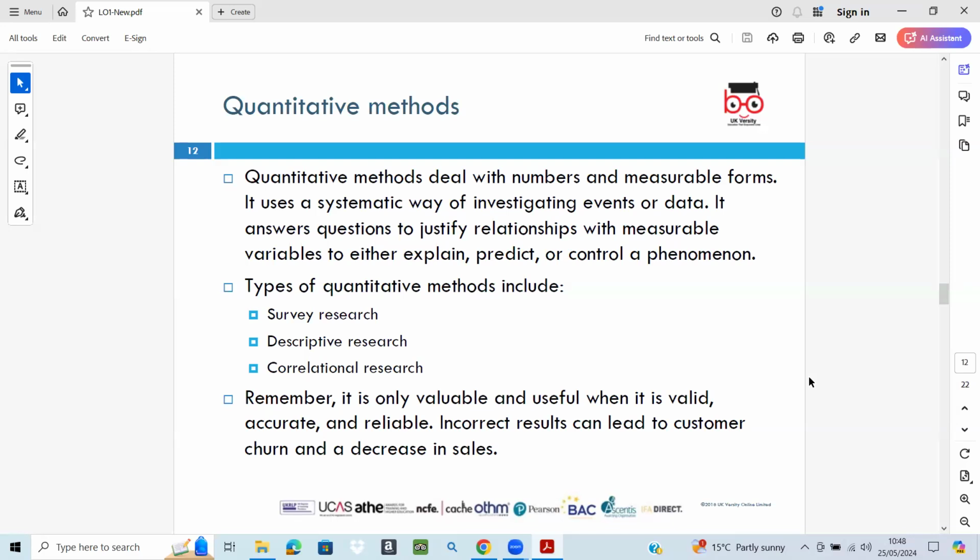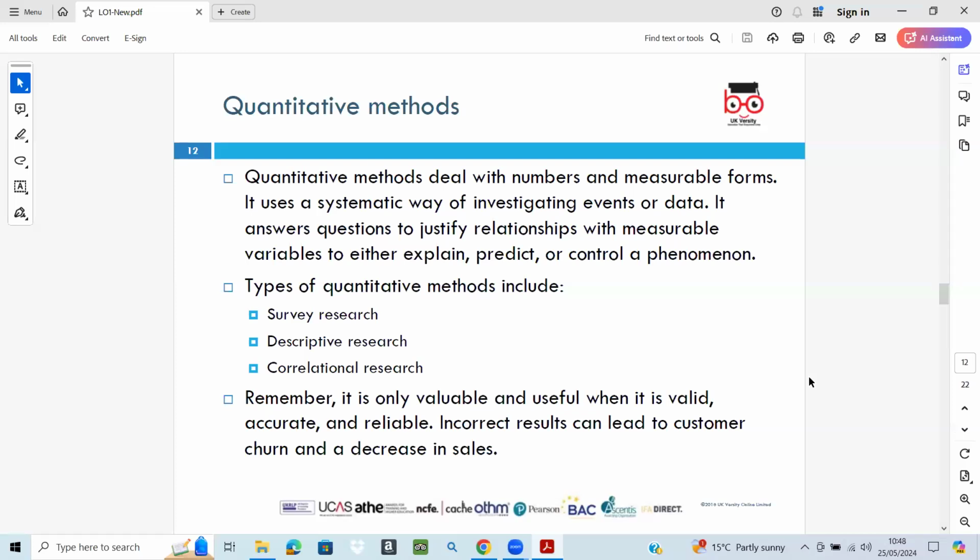Wherever we discuss quantity or quantitative, it has some numeric representation. It will be easier to understand this way: when we talk about quantitative data or quantitative research, we will have numbers.